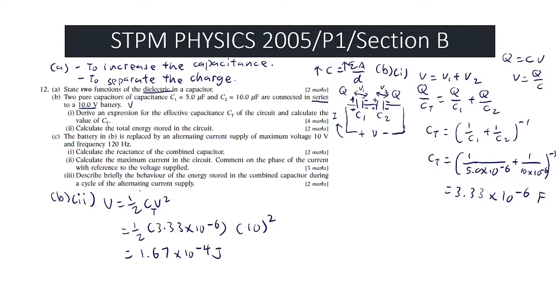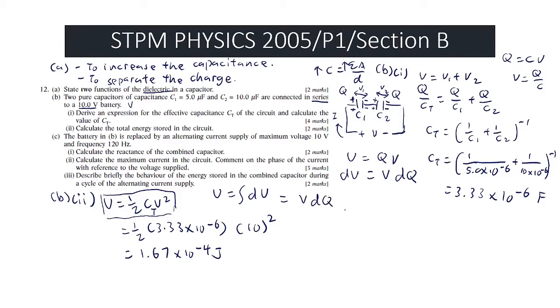And just in case you want to know how to derive this formula here, this is from U equals integral of dU, and remember that this dU is given by the charge multiplied with the potential difference. So dU is equal to V dq. So we get V dq, and now you have to integrate.